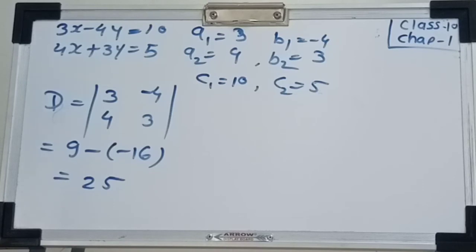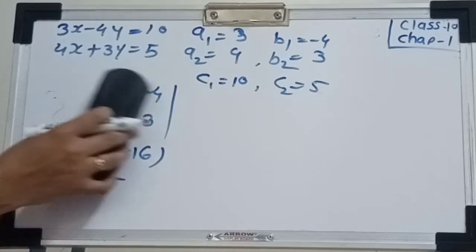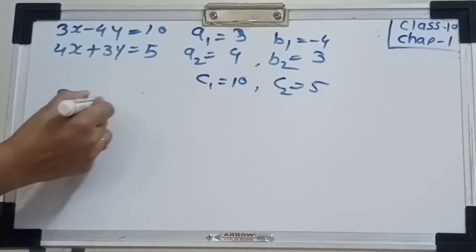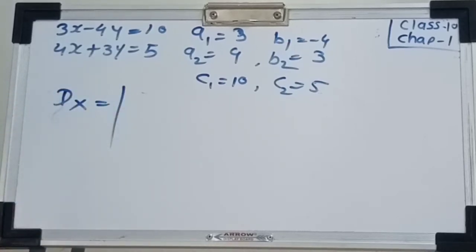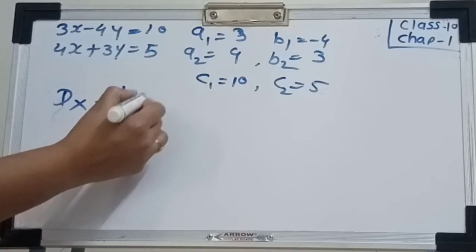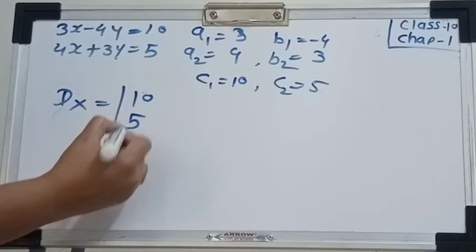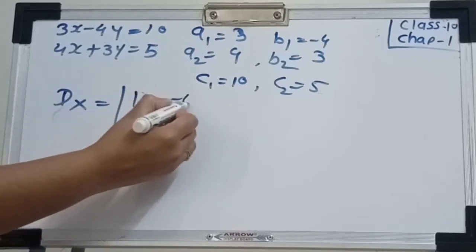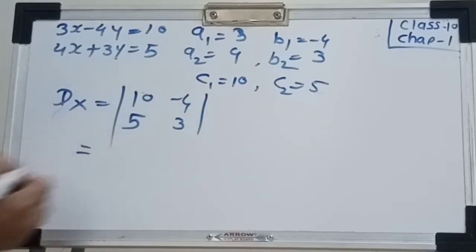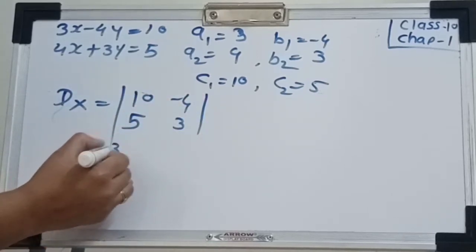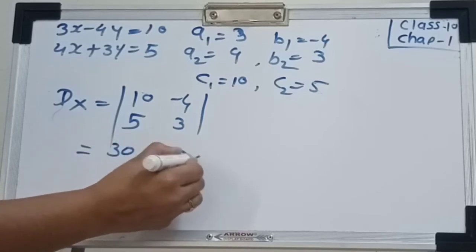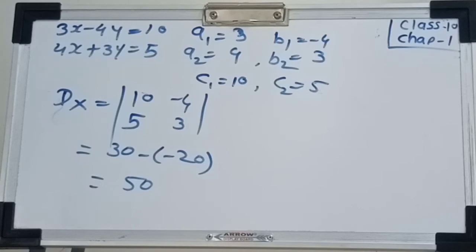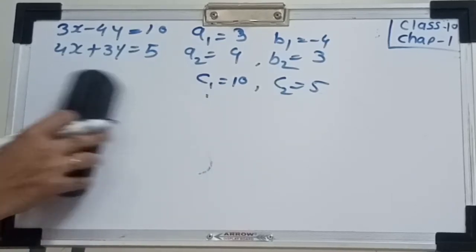Our d is 25. Now we find dx. What is dx? Dx is equal to 10, 5, meaning c1, c2 and b1, b2. 10 threes are 30. 30 minus minus 5 fours are 20. 30 plus 20, 50. Dx is equal to 50.